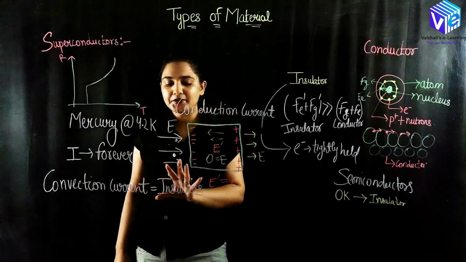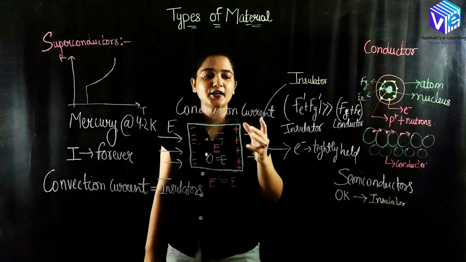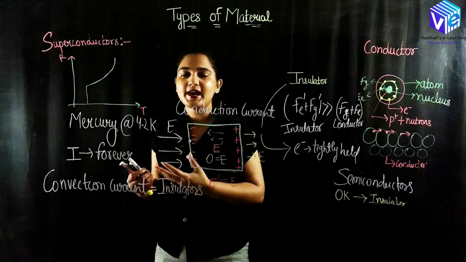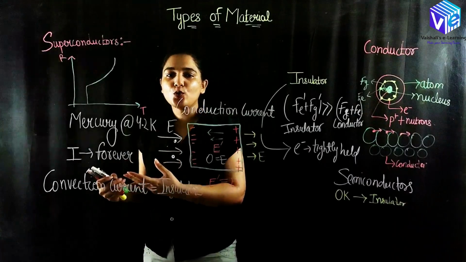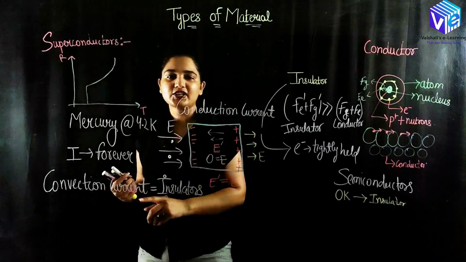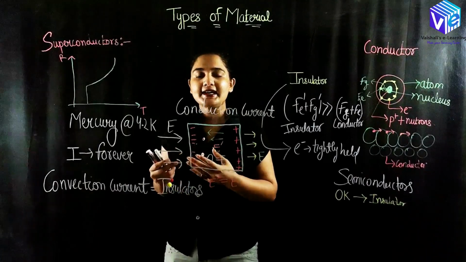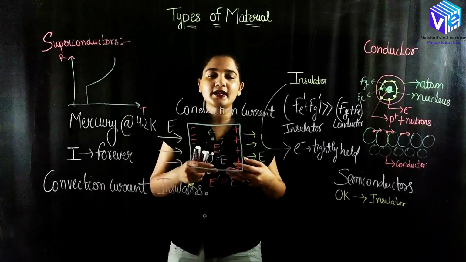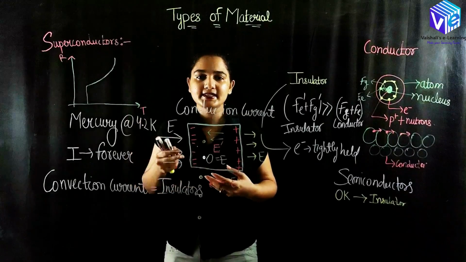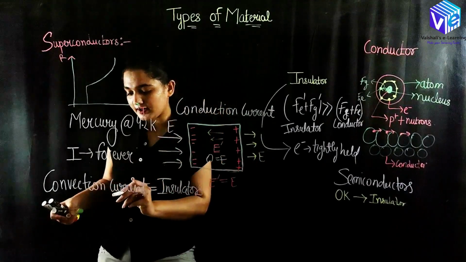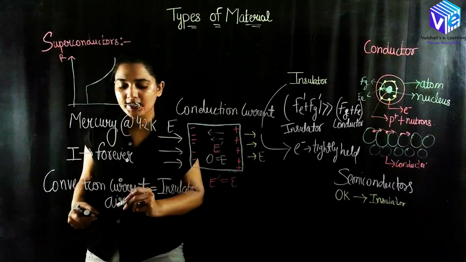So obviously the current will not be there due to the external electric field. There will be some movement of the charges, due to which we will have the convection current. I will give you an example of lightning. In lightning, the charges are moving in the downward direction from the sky, and what is there in the medium? We have air. Air is an insulator.